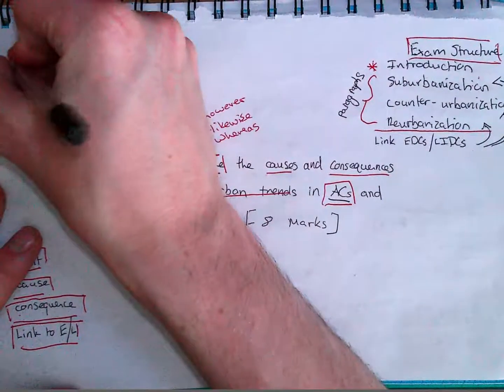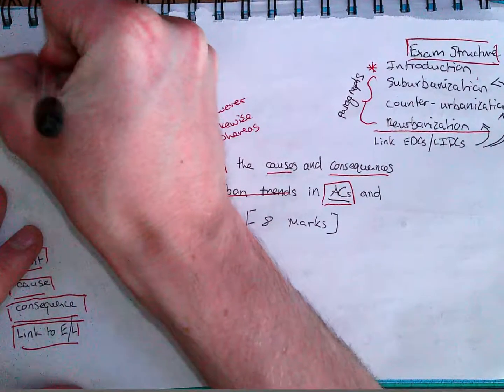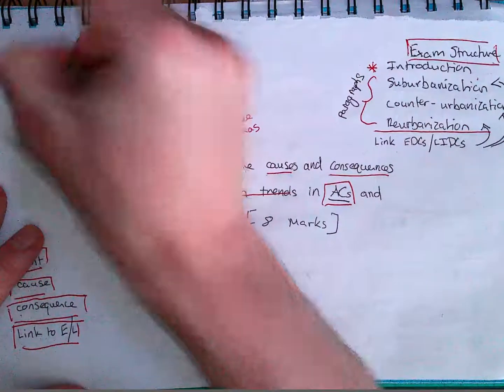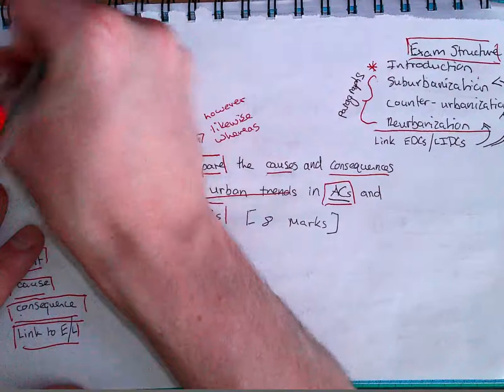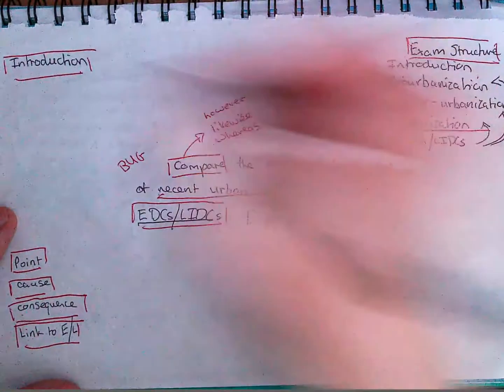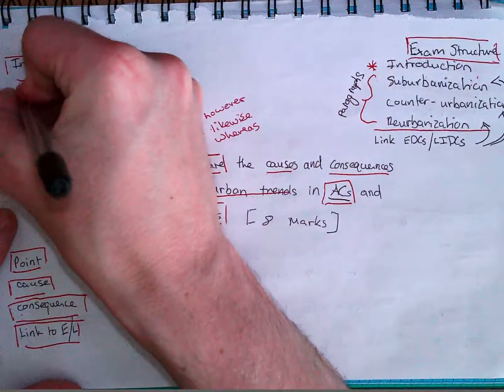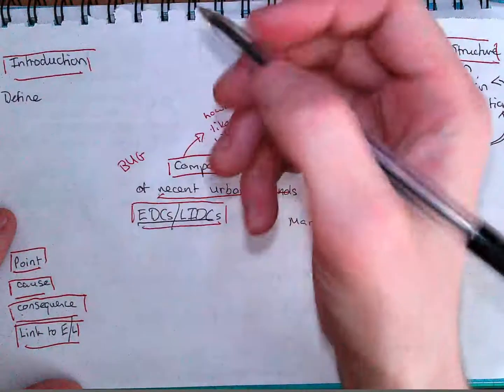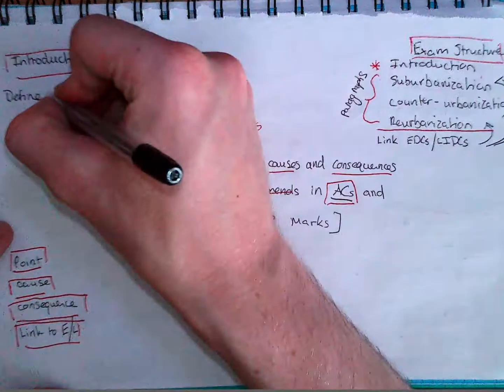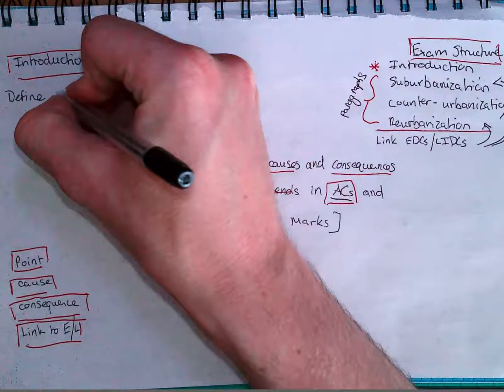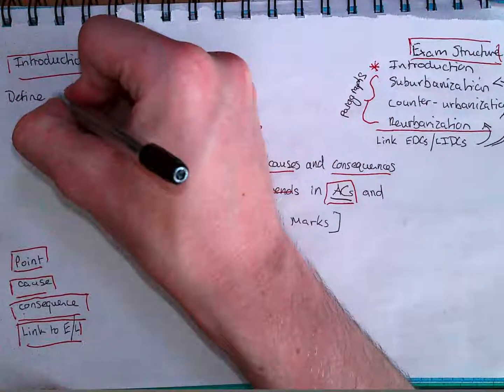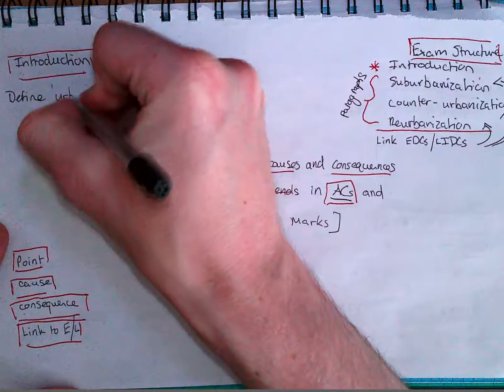I'll go straight to the introduction because it's going to set the tone of what we're going to be talking about. In this, you're going to define urbanization: building up of areas, building up of man-made structures in an area, removal of rural landscape. So define urbanization.